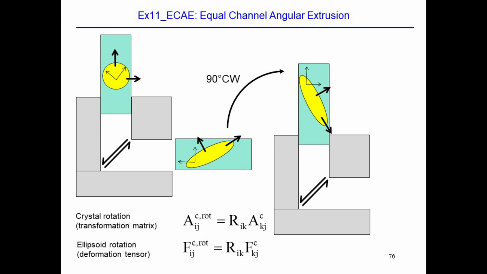But when you rotate it rigidly, you need to change these tensors in order to put them back into the sample axis. So every time you do one pass and one of these operations, you have to first redefine these tensors and refer them again to the sample axis. Okay? So that is an operation that we are going to be doing.